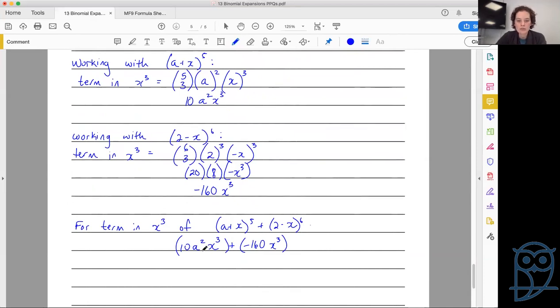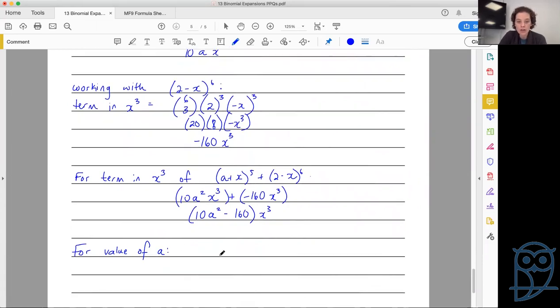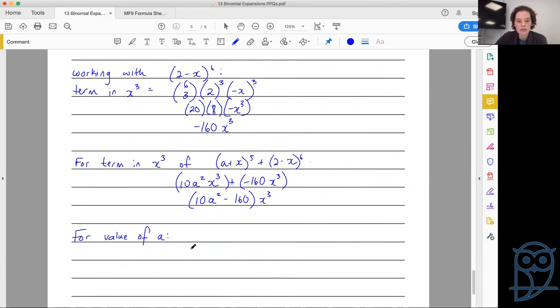We've taken our x cubed term, we've added our other x cubed term. This goes to 10a squared minus 160 x cubed. We've isolated our coefficient. Now we are ready to solve for the value of a. We're told that the coefficient of that x cubed, so 10a squared minus 160, equals 90.